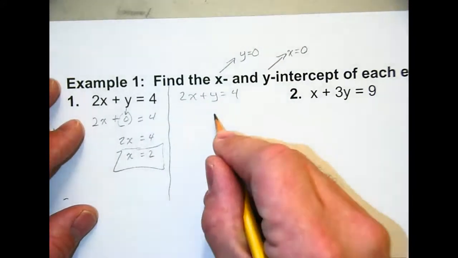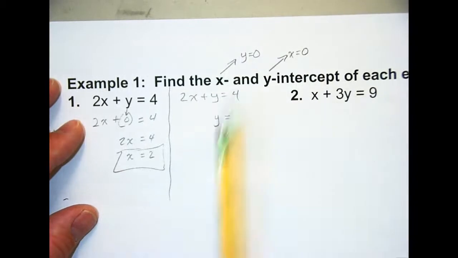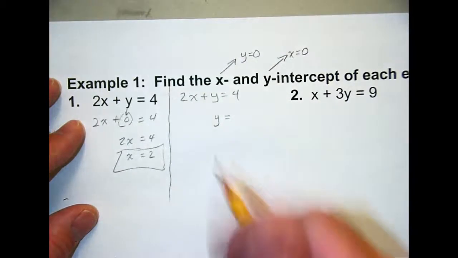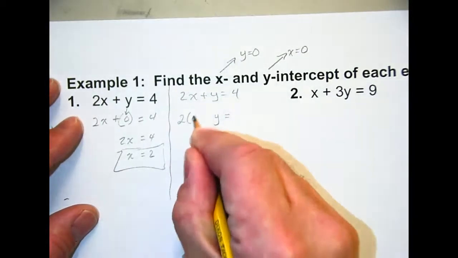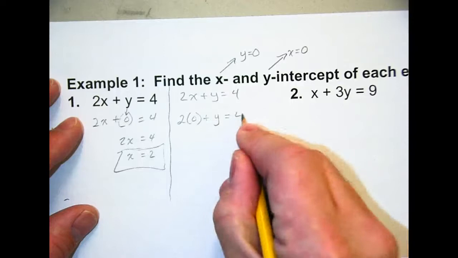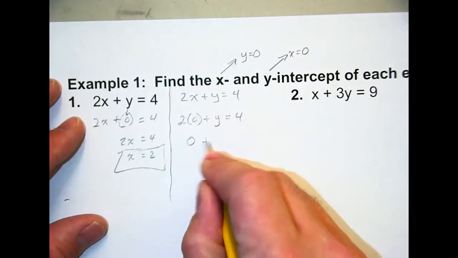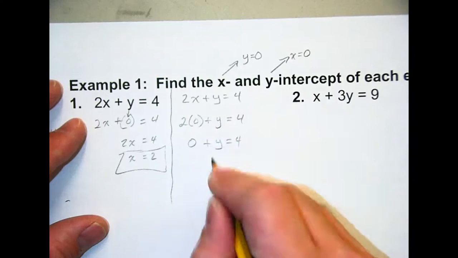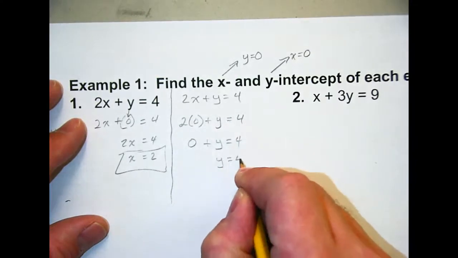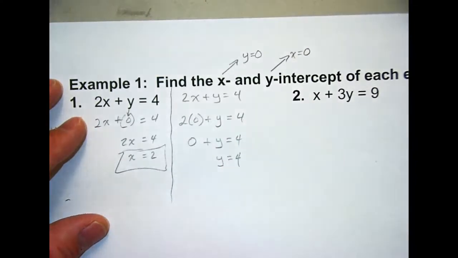3. You get 3? So when you put 0 in for x right here, we'll go 2 times 0 plus y equals 4. And what's 2 times 0? 0. 0 plus y is 4. So y actually equals 4. Okay.